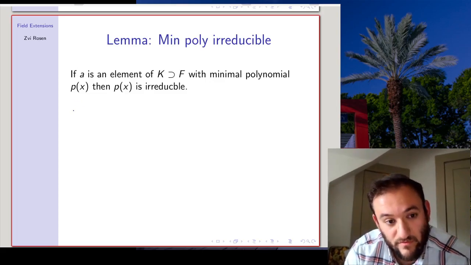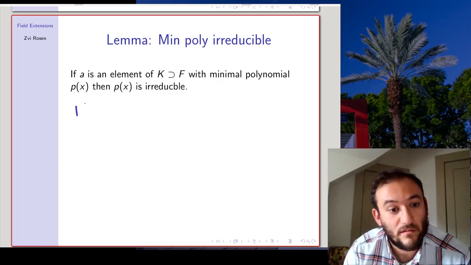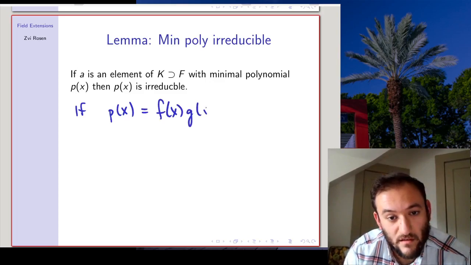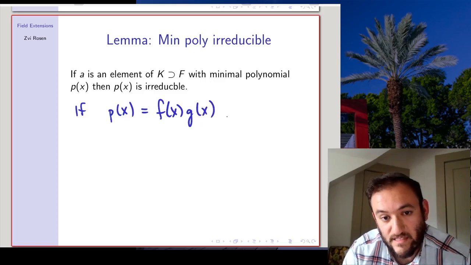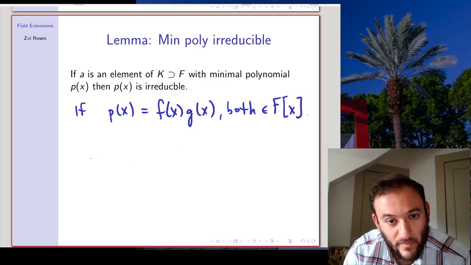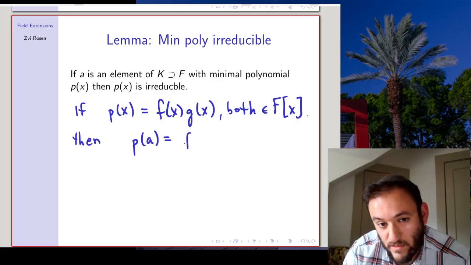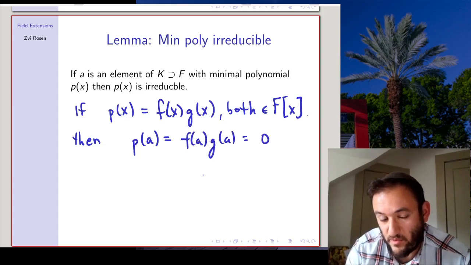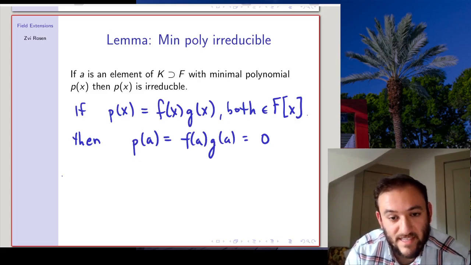Well, if you could factor P(x) equals, let's call it f(x) g(x), where both of these are in F[x], then P(a) equals f(a) g(a), but that has to be equal to 0 because that's the polynomial relationship that P(a) satisfies.